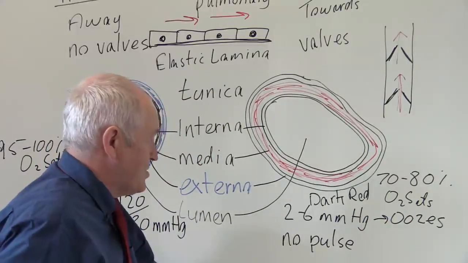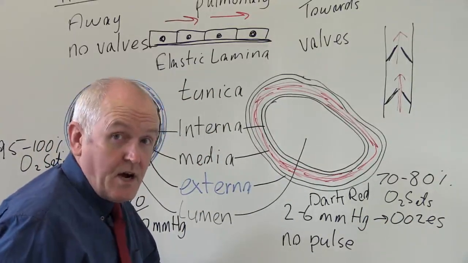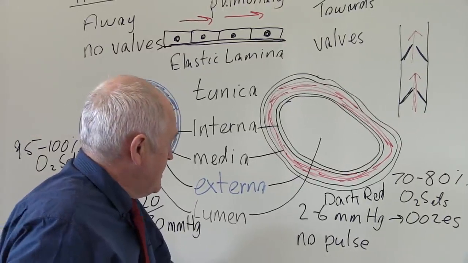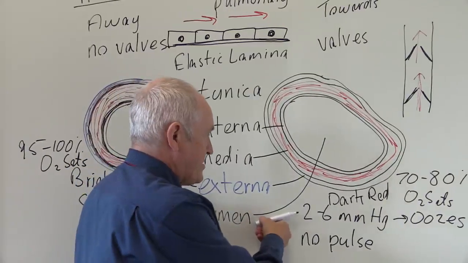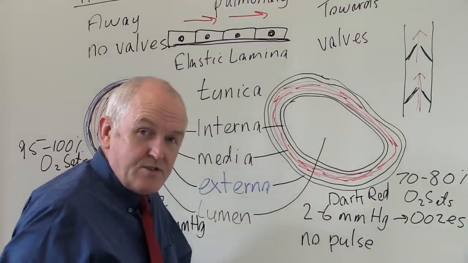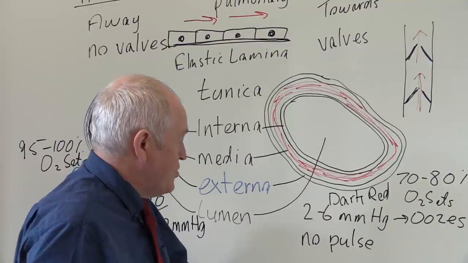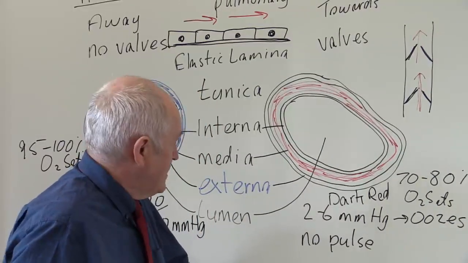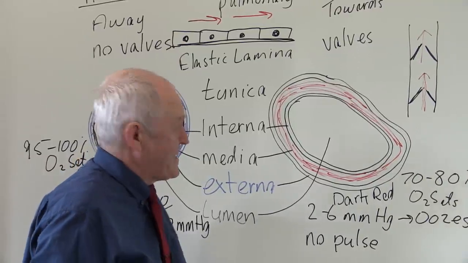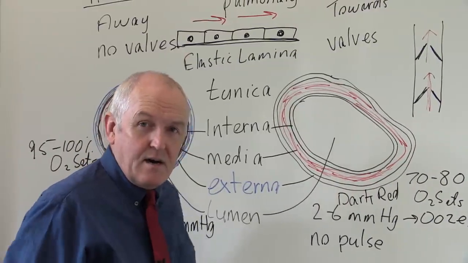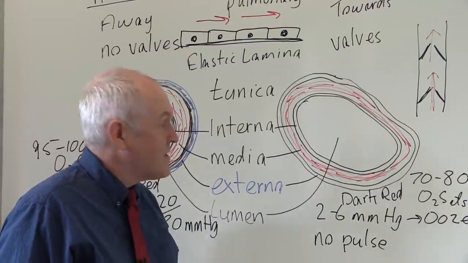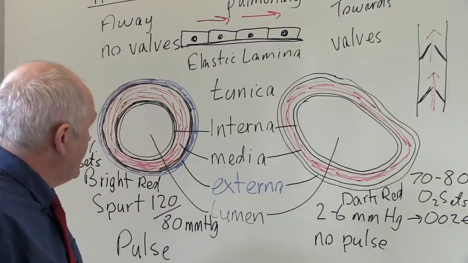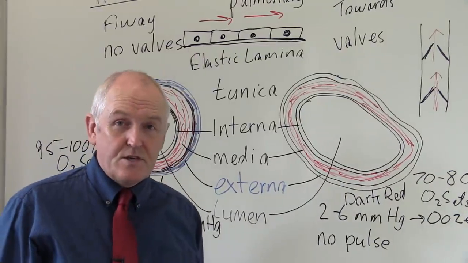Oxygen saturation is much lower, so the blood is dark red in appearance. The central venous pressure is only about 2 to 6 millimetres of mercury, so when we cut veins they usually ooze out if they're cut. And of course veins, we cannot palpate the arterial pulsation. So that's a little bit about arteries and veins and the differences between the two types of vessel.